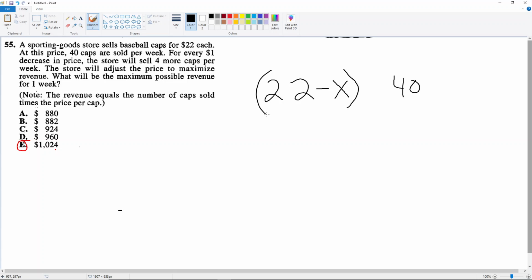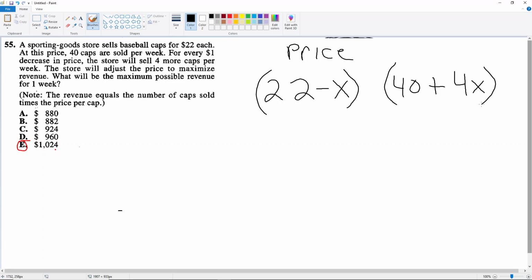And that's the price part. For every dollar I take off, I increase the number of caps sold by 4. So in other words, I put 40, because that's what I started with, plus 4x.